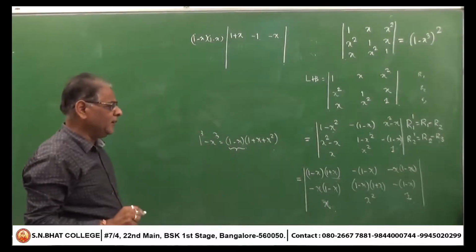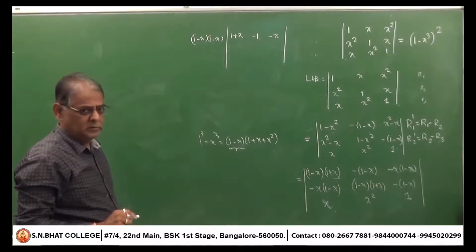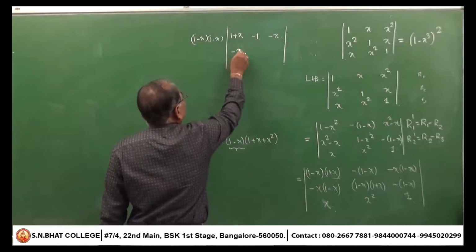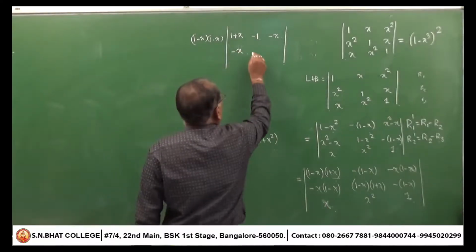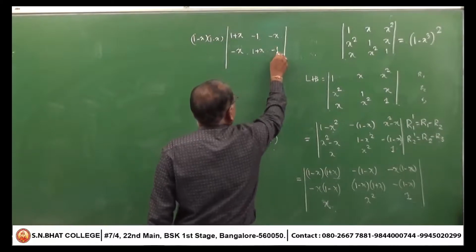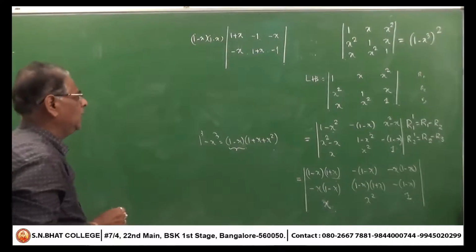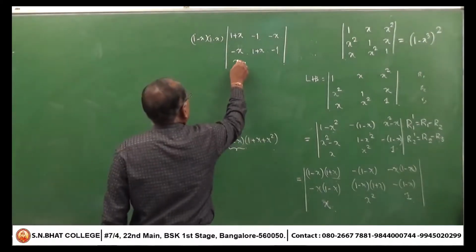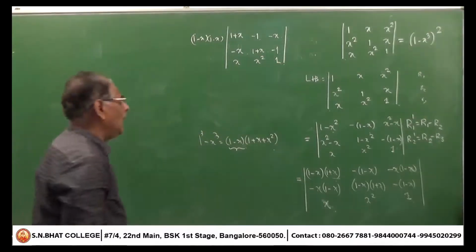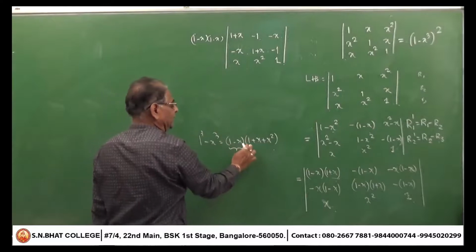In the second row, minus x, 1 plus x, next is minus 1. Next is x square 1. I got half of the answer as a common factor.